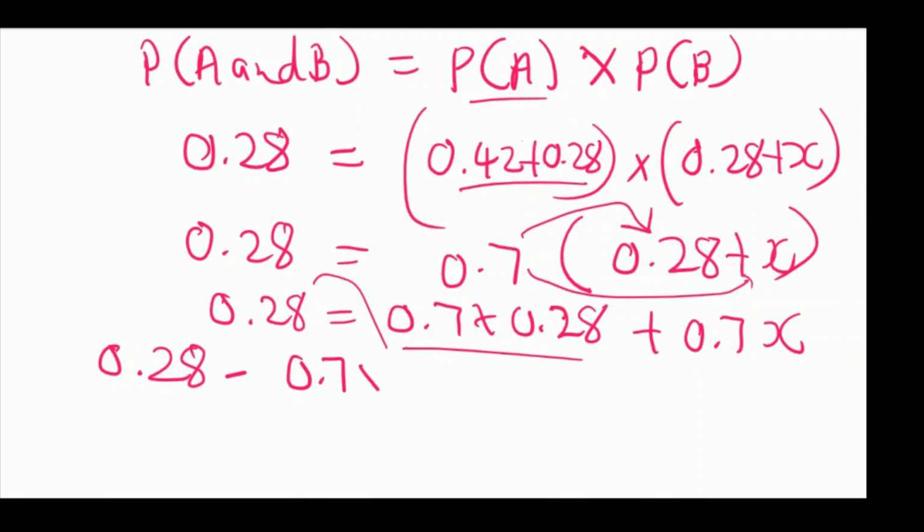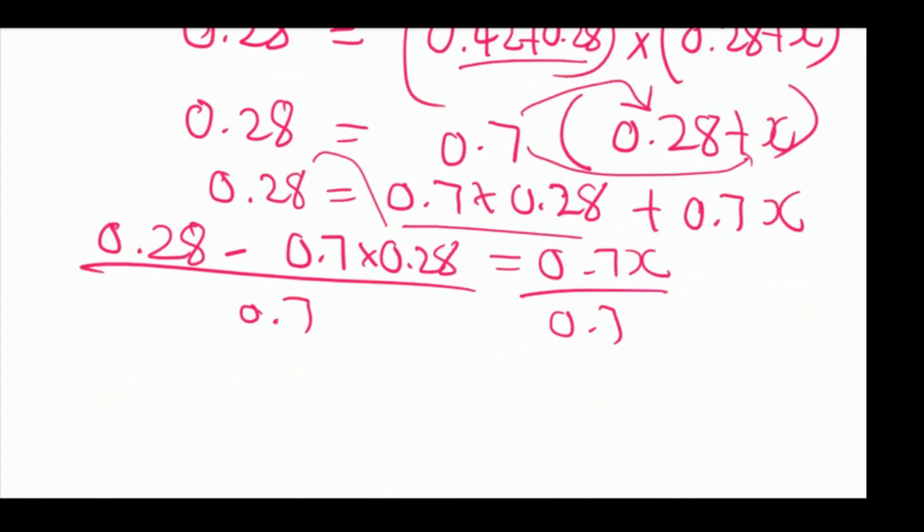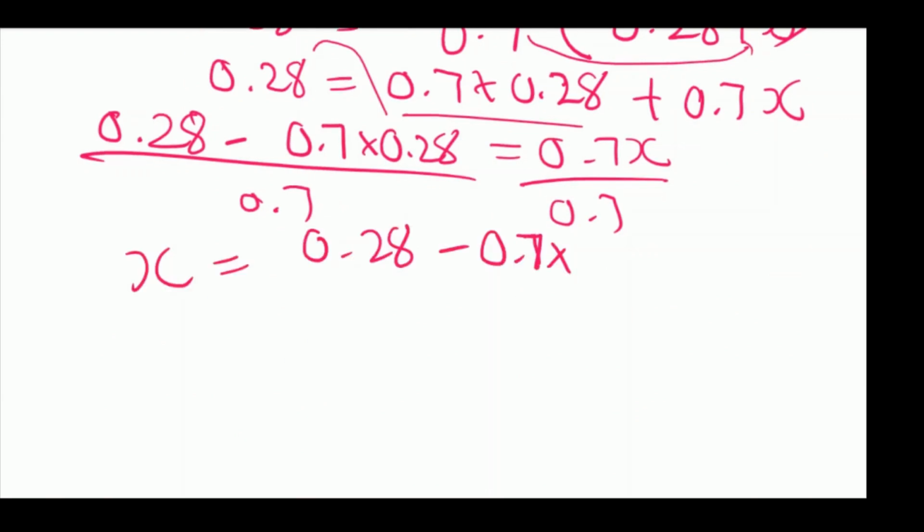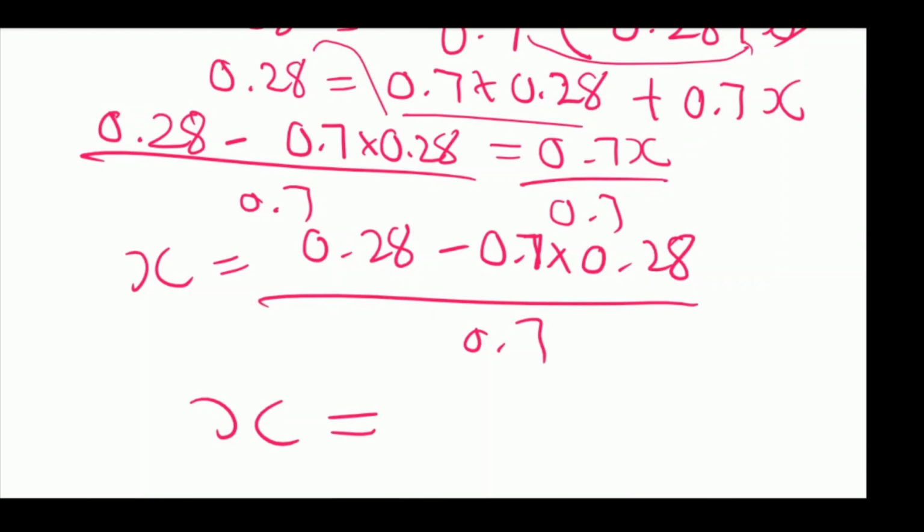So you divide by 0.7. So your value of x is 0.28 minus 0.7 times 0.28, all over 0.7. So the x value that you need to find is 0.12.